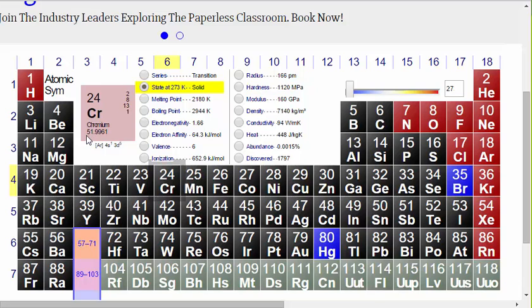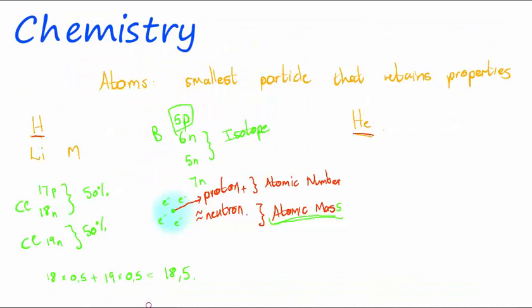So most have about 28 neutrons, but some have less. That's why it's just a little bit less than 52. You understand what I mean? So maybe just 1% has a different number of neutrons, and so the effect is much smaller. So it's leaning towards whichever one has the most. Okay, so I don't want to say too much, it's not that important.